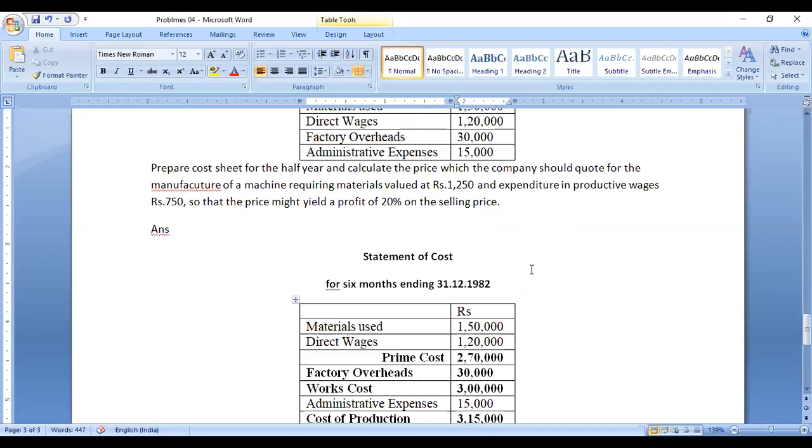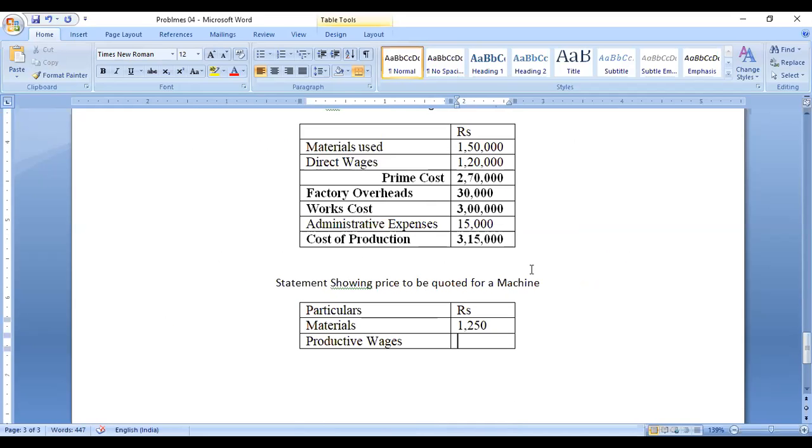If you put it here, 750, and total the two values, that amount is called prime cost. 1,250 plus 750 is 2000. So 2000 is the prime cost.